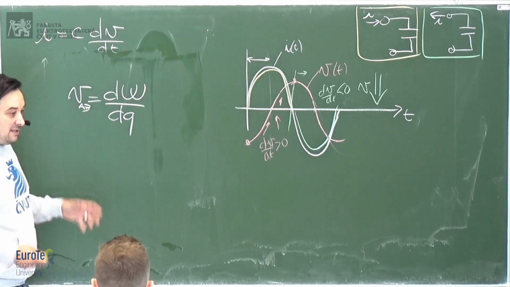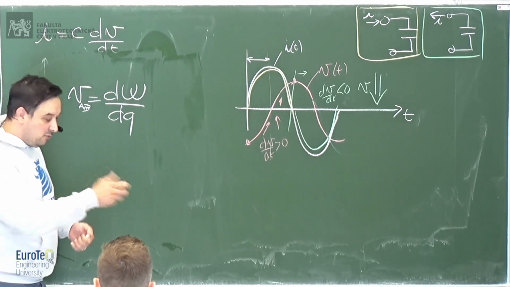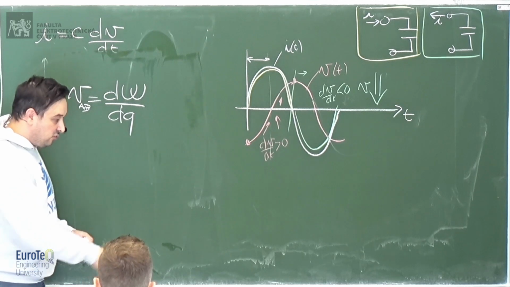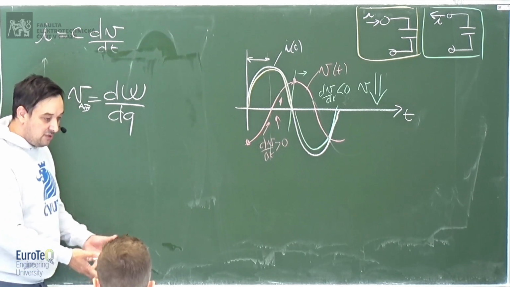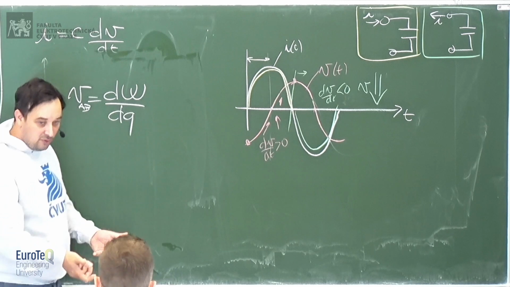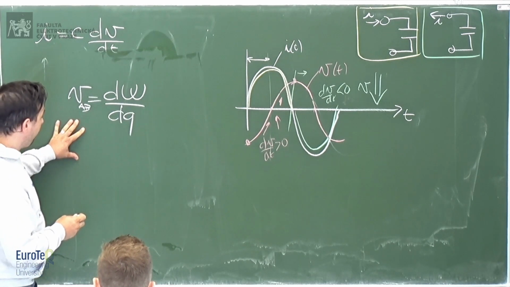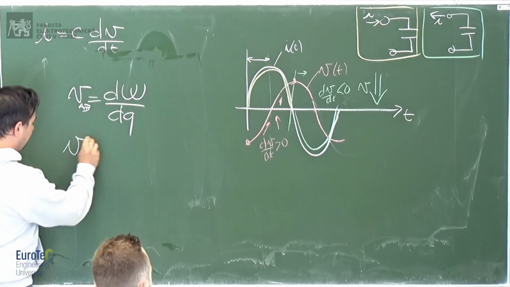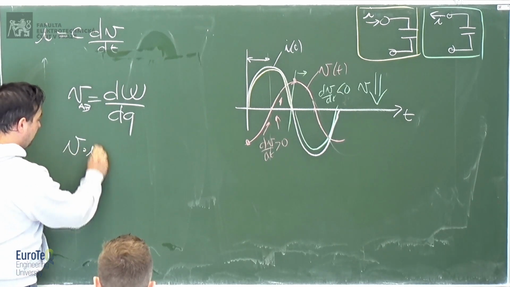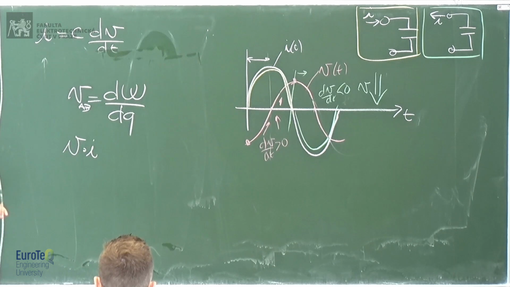Let's say that you want to move a charge from here to here, you have to put in some work. If the charge is double, you have to put in double work. Fair enough. What happens if we take the voltage and multiply it times the current?